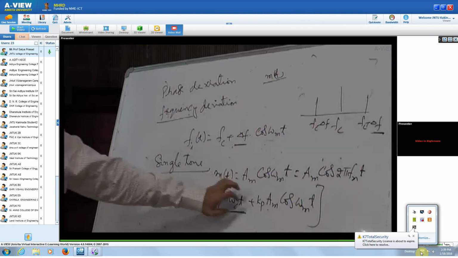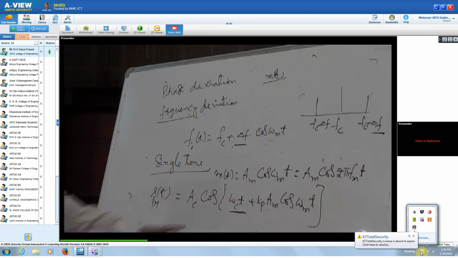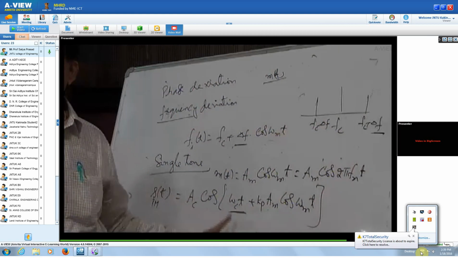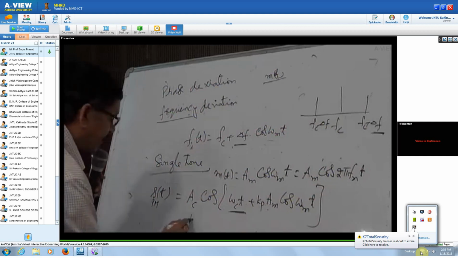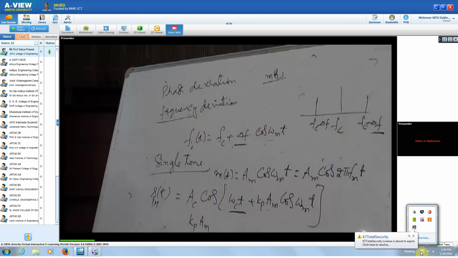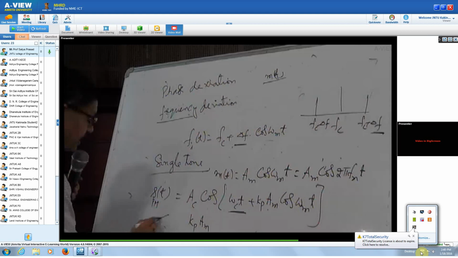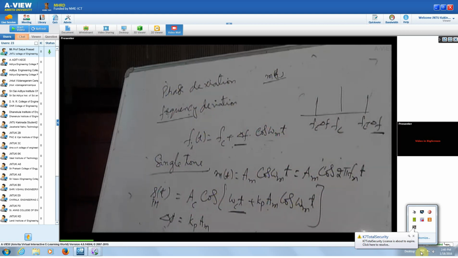And this will take its maximum when cos omega mt equals 1. Therefore, the maximum deviation that we are going to have is kp into Am. This is our delta phi, the phase deviation.